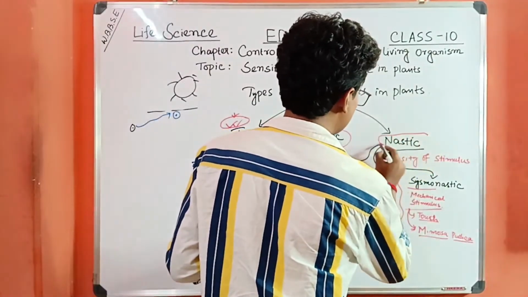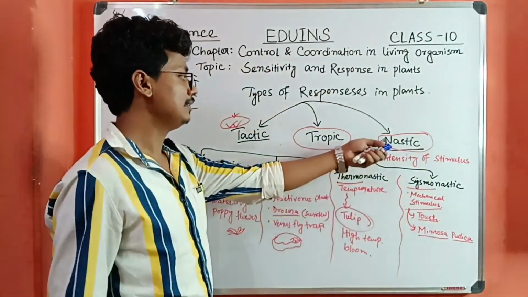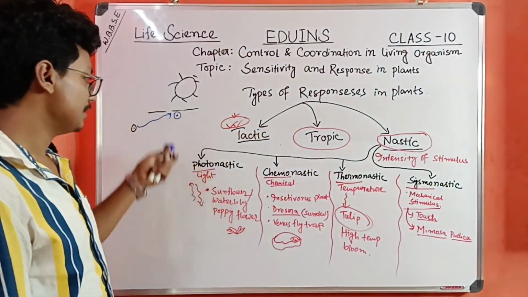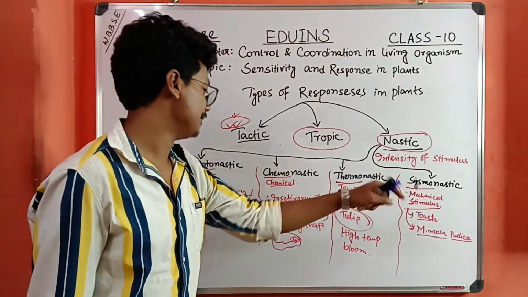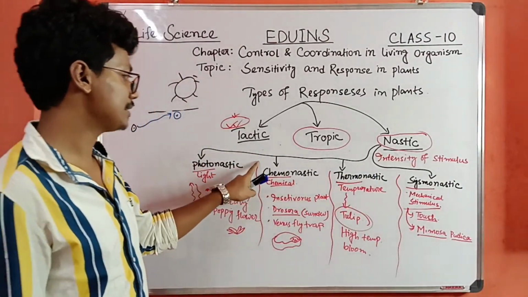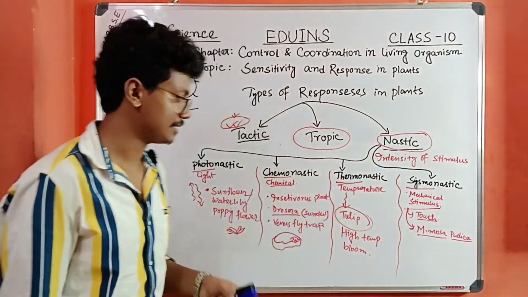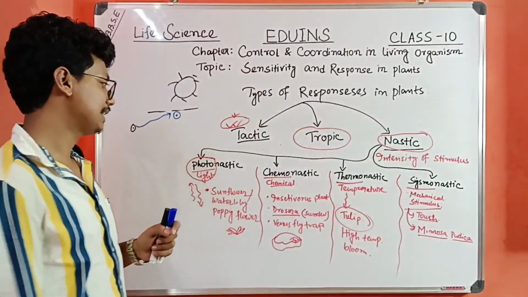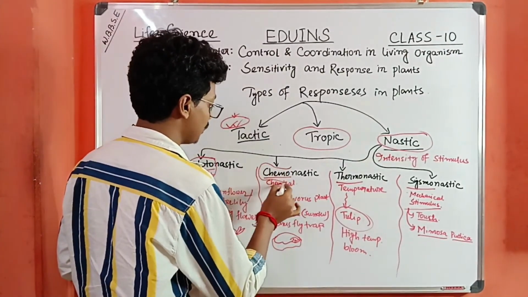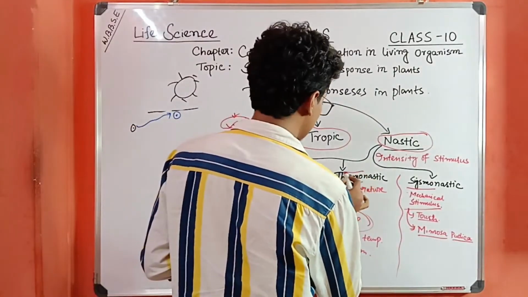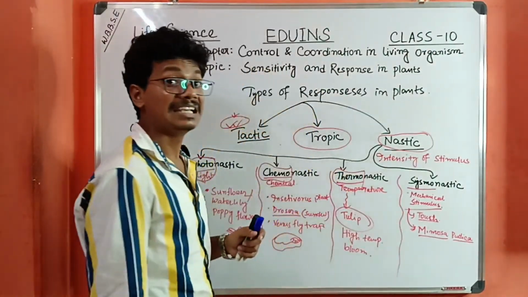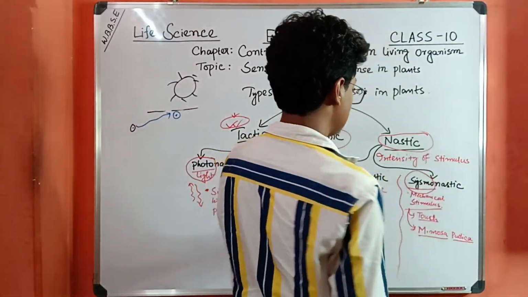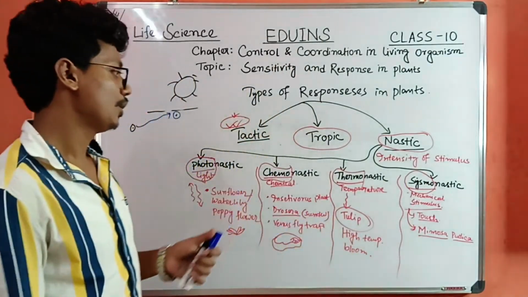Next one is the nastic, which depends on the intensity of the stimulus. They are mainly four types: photonastic, chemonastic, thermonastic, and seismonastic. Photonastic depends on the intensity of light, and chemonastic depends on the intensity of chemicals. Thermonastic mainly depends on the intensity of temperature, and seismonastic, that is intensity of the mechanical stimulus like touch.